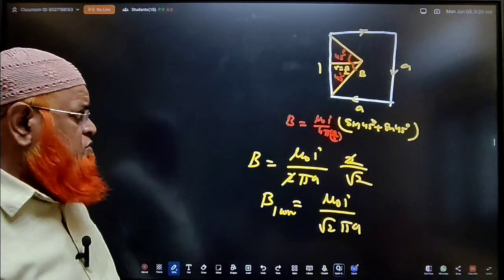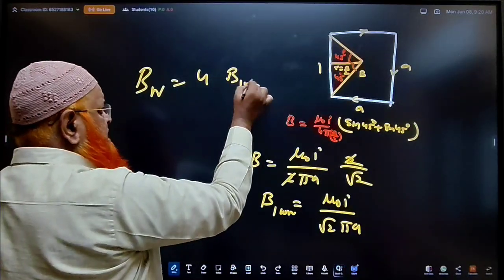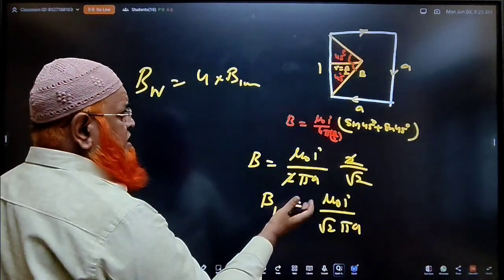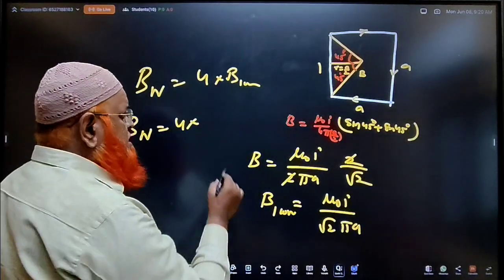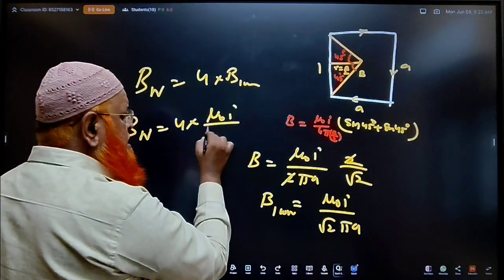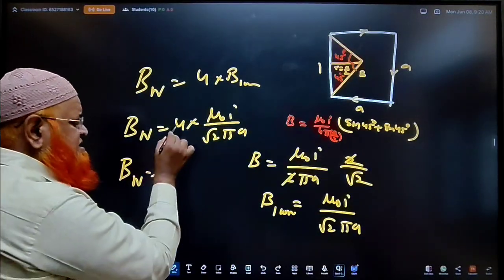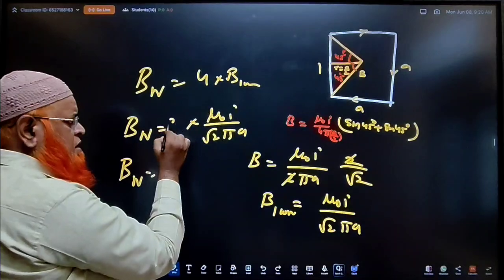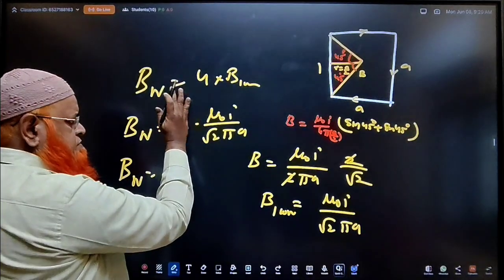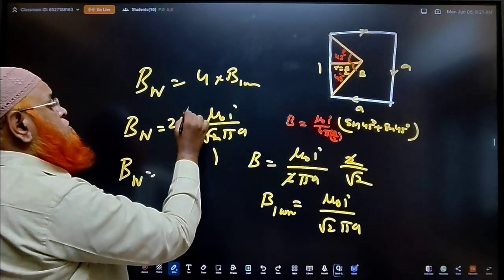So what is B net? B net is 4 times one wire. So B net is equal to 4 into, for one wire, mu naught I by root 2 pi A. We can write this 4 as 2 into 2, and 2 into root 2 one times root 2.